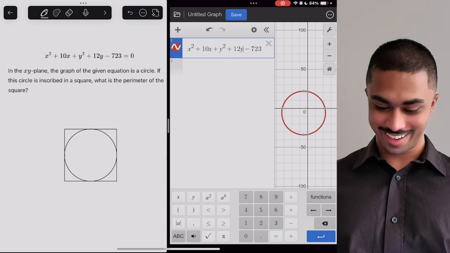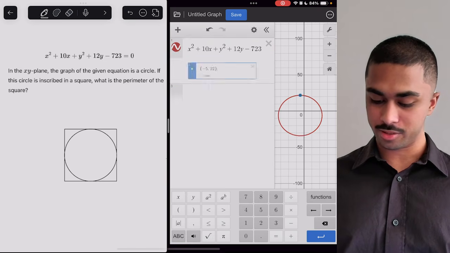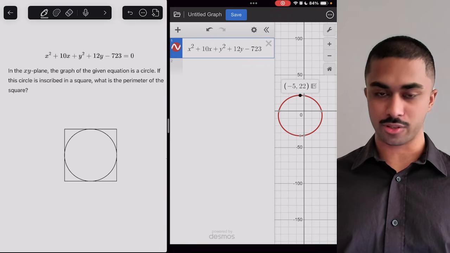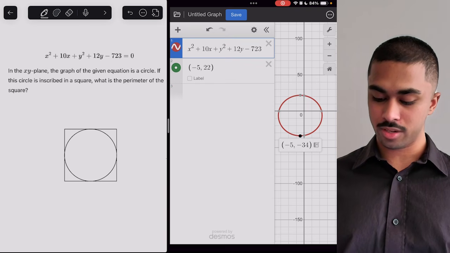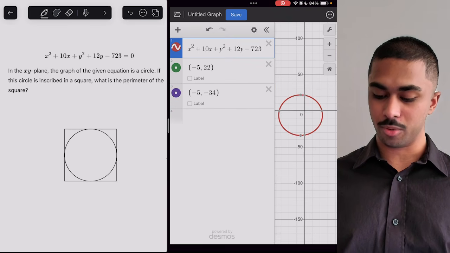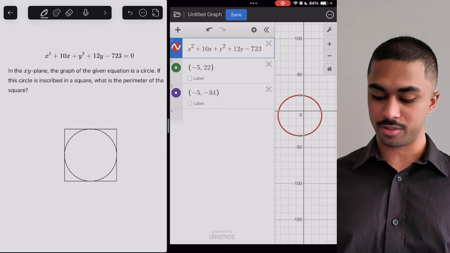I'm glad I caught that. There we go. What Desmos does is that anytime you graph a circle, it gives you the topmost and bottommost points. It does not give you the leftmost and rightmost points. These are intercepts, the x-intercepts, not the rightmost and leftmost points.